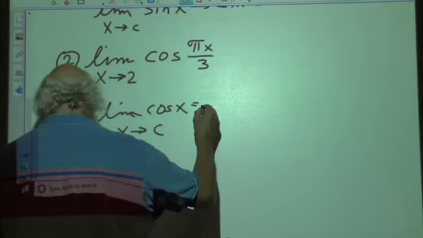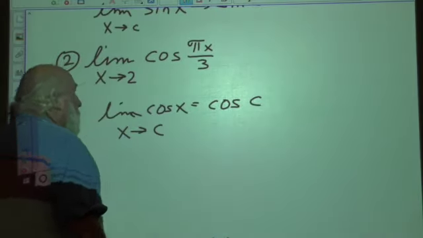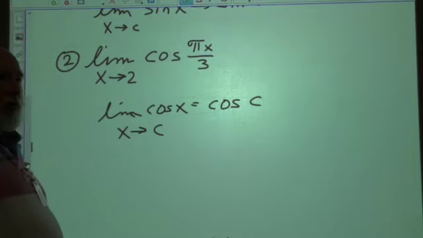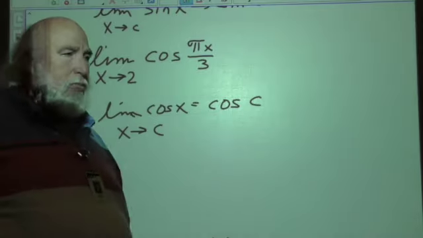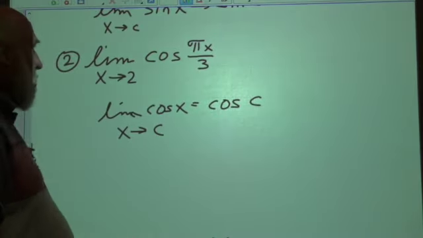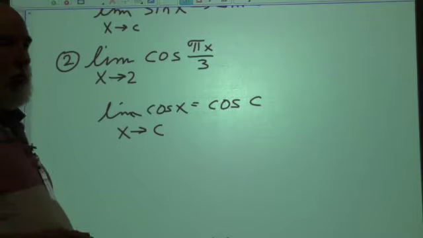is going to be given as the cosine of c. Okay? Now in this case, this goes back to one of the other theorems that we had, called a product multiplier. You simply multiply a value that is multiplied by this.